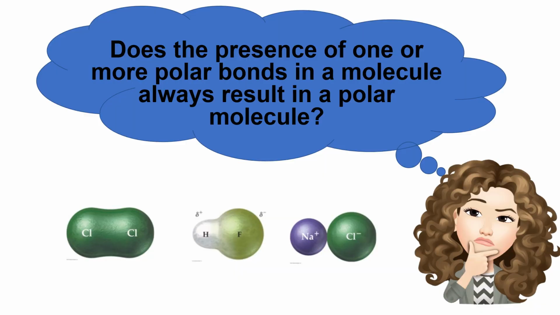Another question: does the presence of one or more polar bonds in a molecule always result in a polar molecule? In our figures below, you can easily see if these molecules are nonpolar, polar, or ionic. So here you can see they are even, hence this is a nonpolar molecule. Here, hydrogen fluoride, we had this as an example a while back. The fluorine atom is more electronegative than hydrogen, and this has a partial positive and a partial negative nature, and this makes it a polar covalent compound.